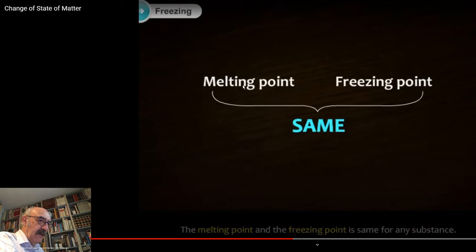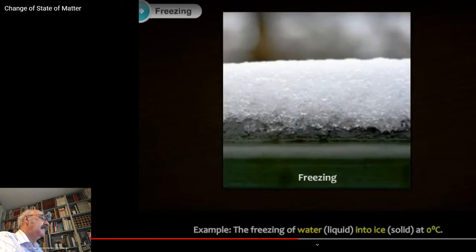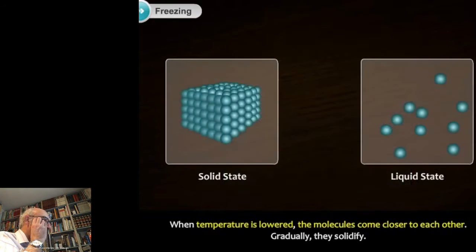Remember, melting from solid to liquid, freezing from liquid to solid. Example: the freezing of liquid water into solid ice at 0 degrees Celsius. When temperature is lowered, the molecules come closer to each other. Gradually, they solidify.